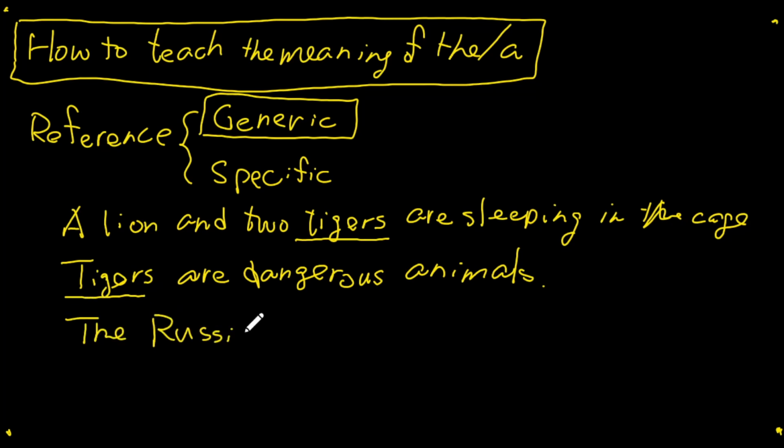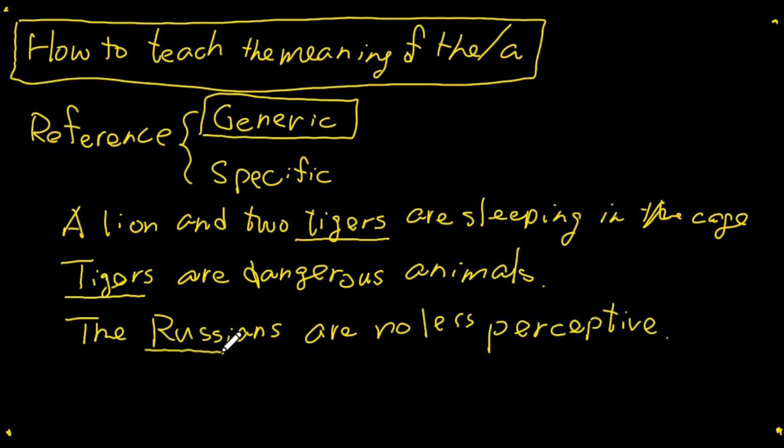The Russians are no less perceptive. Here, the Russians, if you're referring to a whole class or a species of something, we call this generic reference. Here we mean Russians in general.